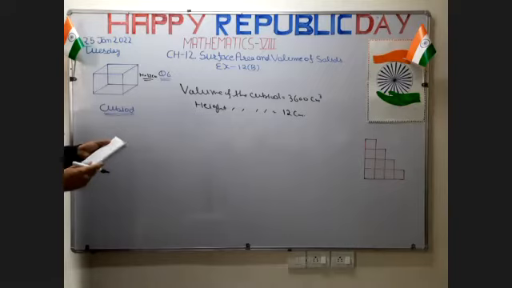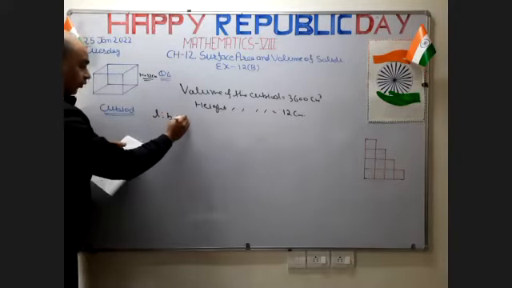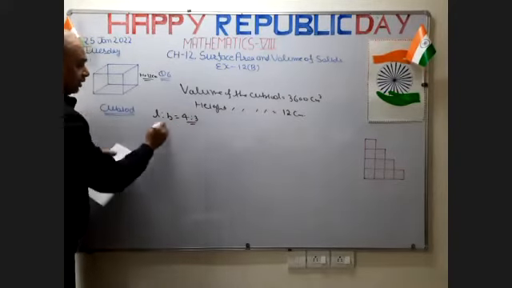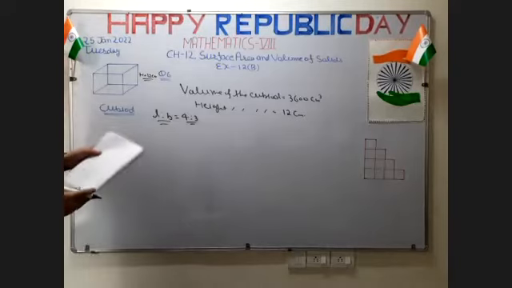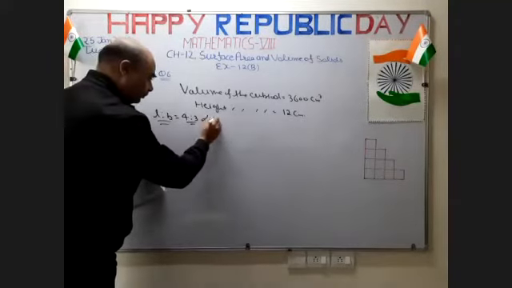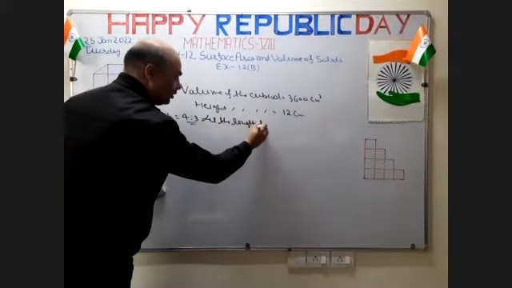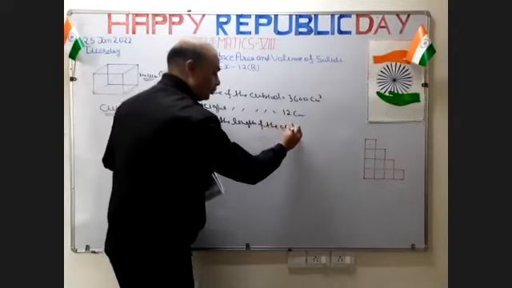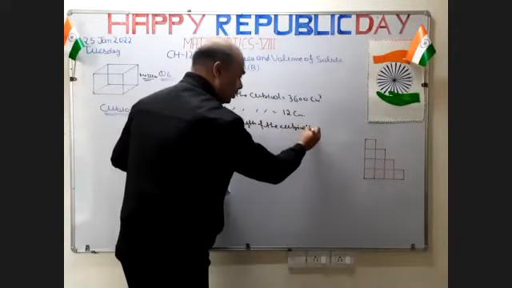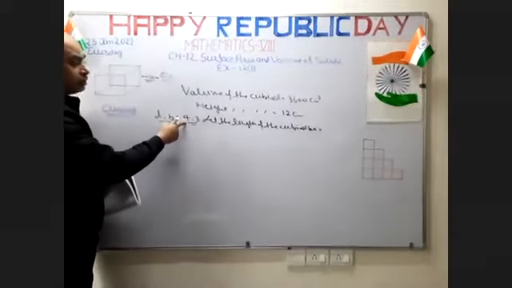And what else is given? The length and breadth are in the ratio. The ratio between length and breadth is given 4:3. So you are going to suppose, let the length of the cuboid be, what are you going to suppose? Ratio is 4:3, so I suppose 4x.